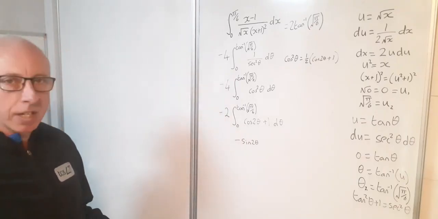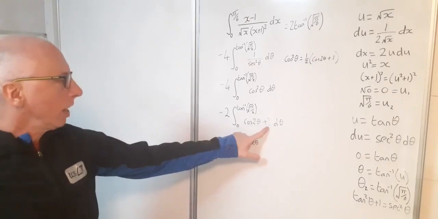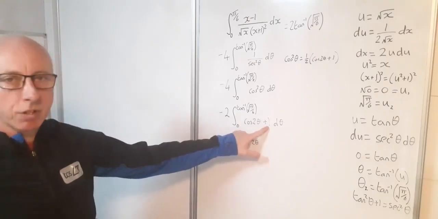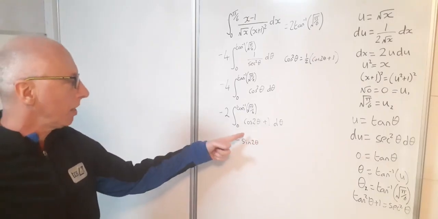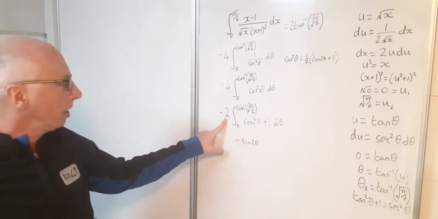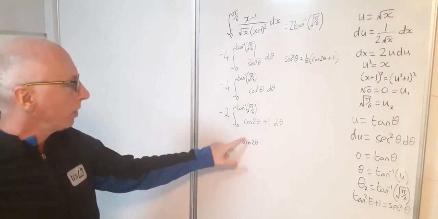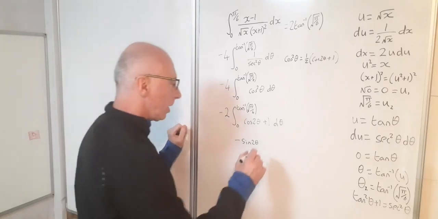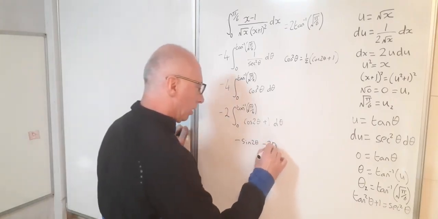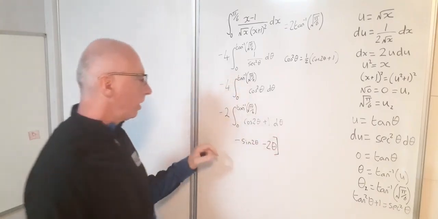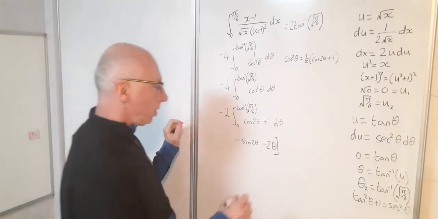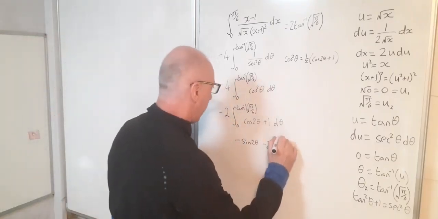That's that finished. This one here is just a 1. Integrating that with regards to theta, I just get theta. But I've got this 2 here, so I still need to distribute that, so I've got -2 theta. And this is all integrated from 0 to inverse tangent of all of that lot.